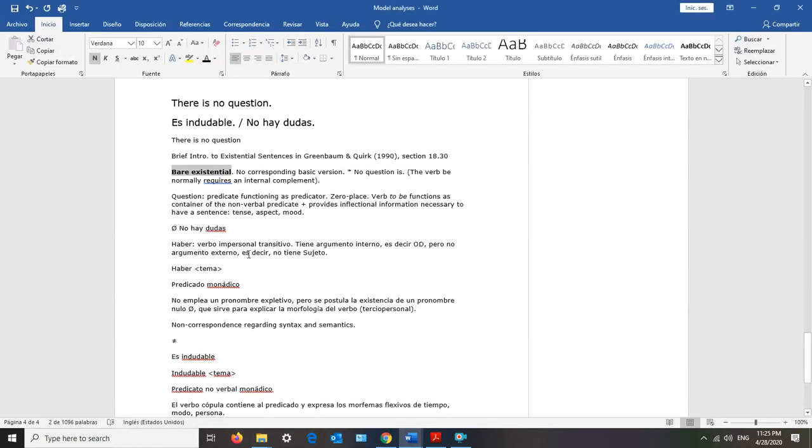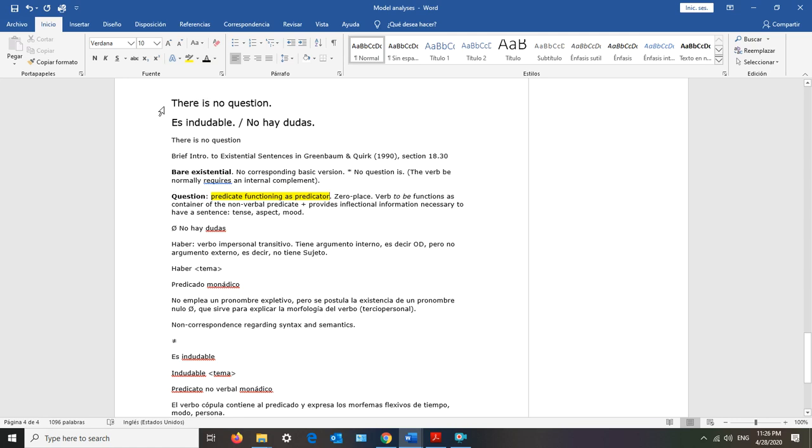Now, question is the word here, is the predicate in semantic terms that functions as predicator. And question is a nominal predicate, is a noun, right? So, in order for us to have a sentence, we need to have a verb that is finite.